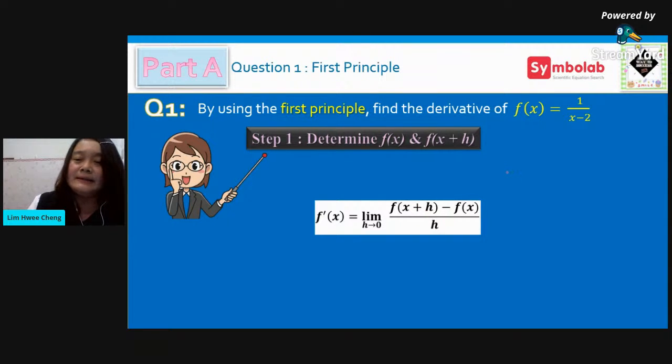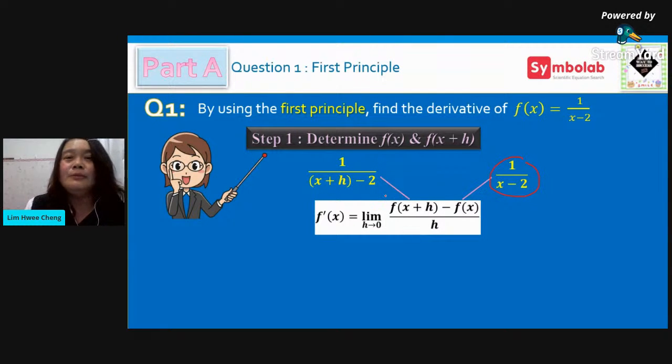The function given is 1 over x minus 2, and if I want to form the function of x plus h, I will have 1 over x plus h minus 2. The first step is the most important.